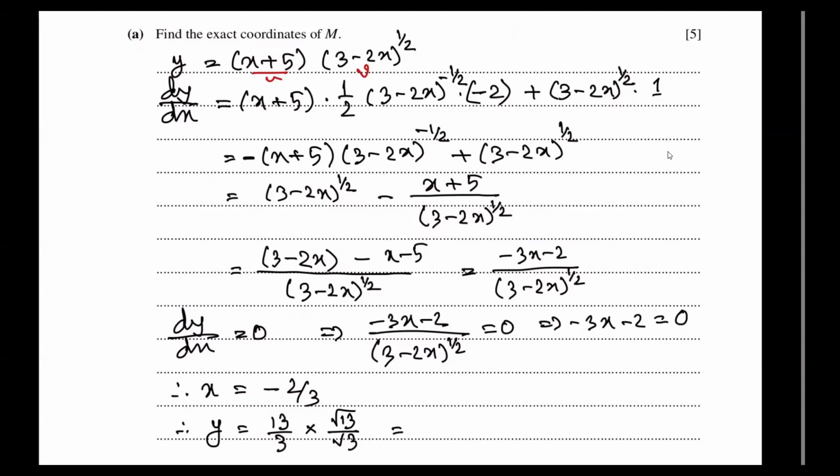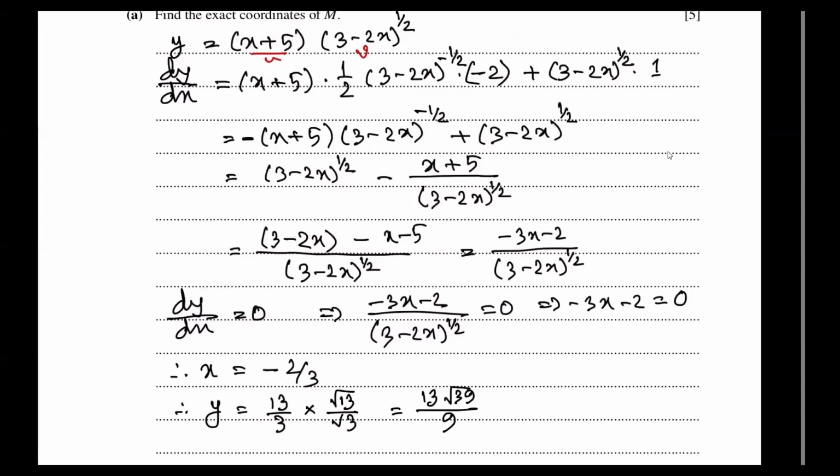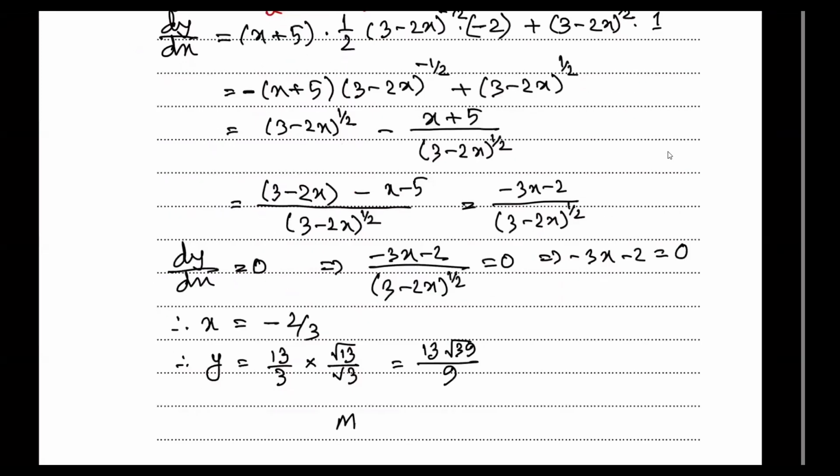If you multiply by root 3, it becomes 13 root 39 divided by 9. So the exact coordinates of M are minus 2 by 3, 13 root 39 divided by 9. That's the exact coordinate of M.